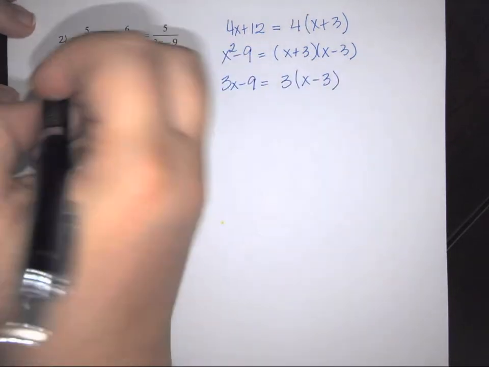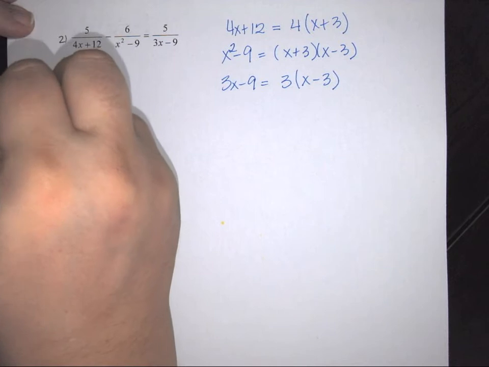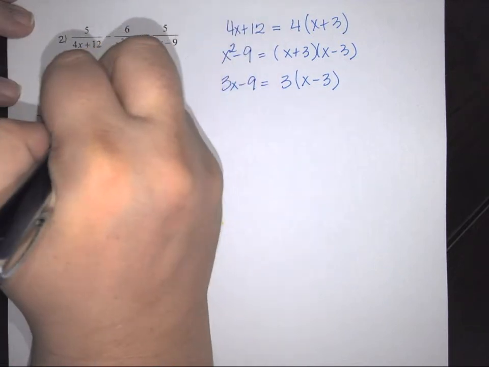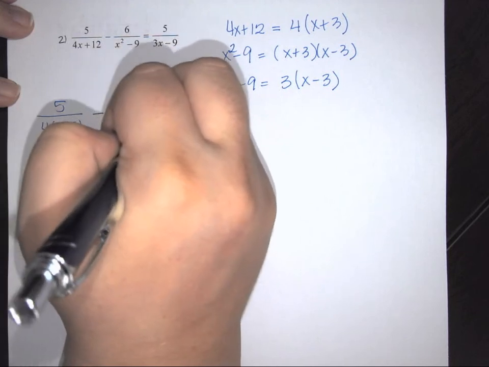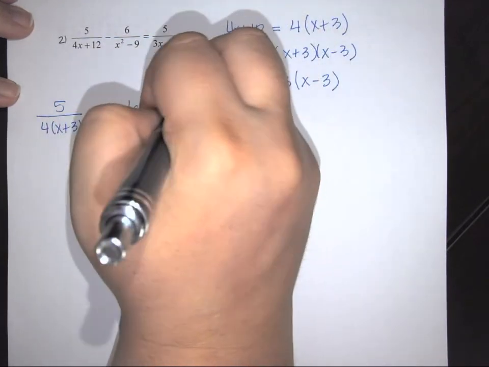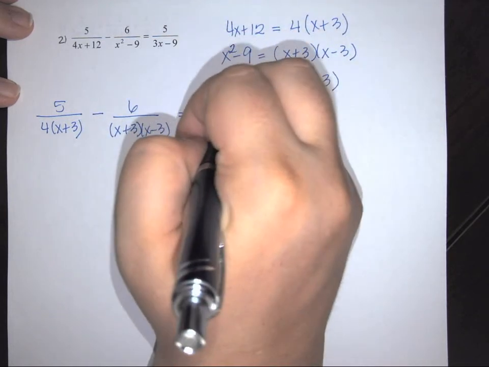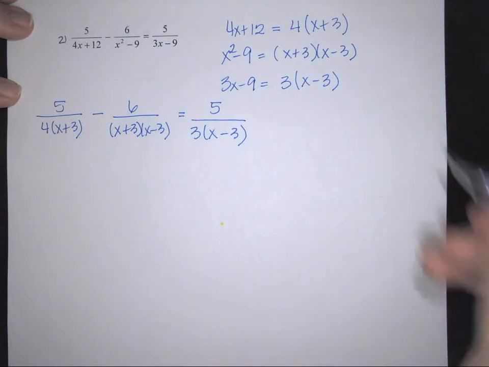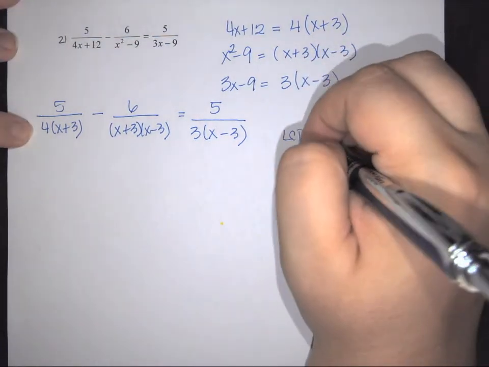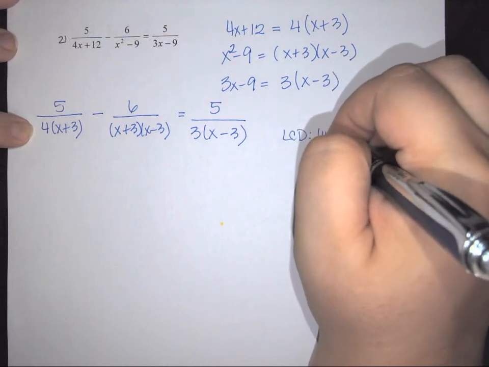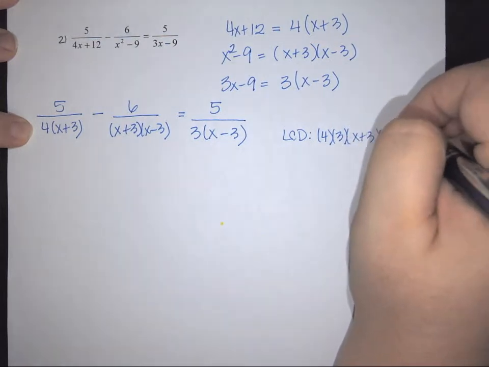So what I actually have here is 5 over 4 times x plus 3, minus 6 over x plus 3 times x minus 3, equals 5 over 3 times x minus 3. When we look at this, your LCD is going to become 4 times 3 times x plus 3 times x minus 3.